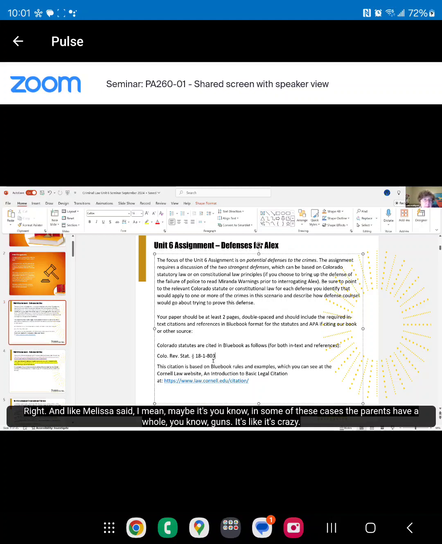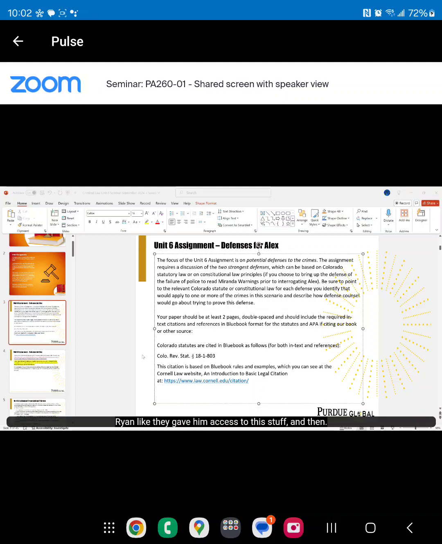Like Melissa said, in some of these cases the parents have a whole stockyard of guns. It's crazy. They give them access to this stuff, then leave them alone and expect them to know how to cope with their feelings, but they have weapons that can harm people.